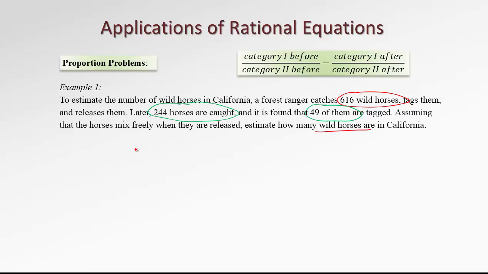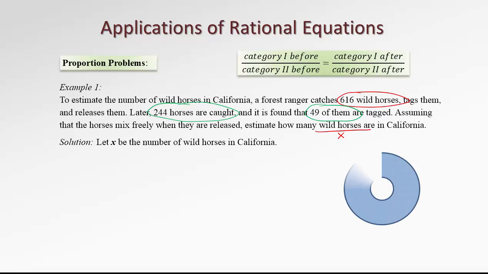Okay, so let's introduce a variable. Let x be the number of wild horses in California. So this part is x. Let's represent the whole population and the tagged sample by two concentric circles like this. We have 616 horses that were originally caught out of x wild horses.